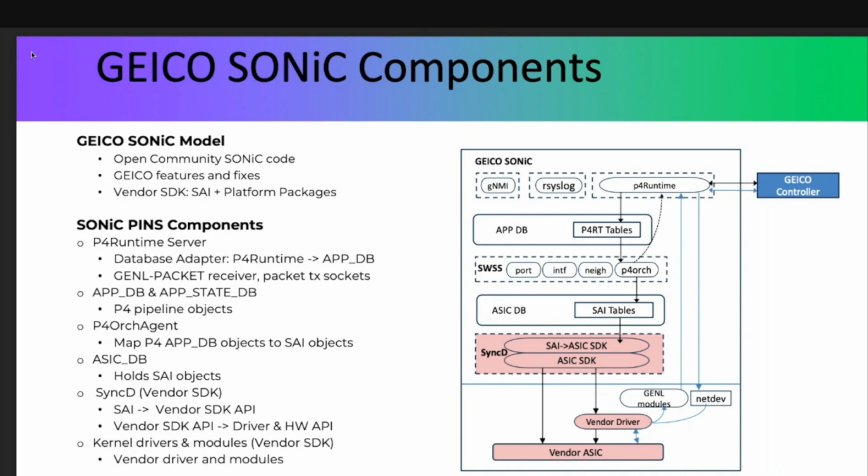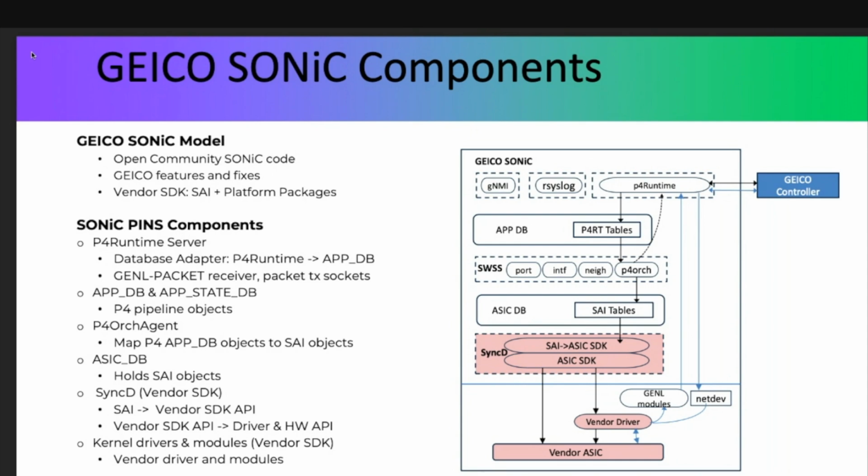The P4 orchagent, which is part of the Swiss layer in the middle, takes the P4 objects that are in the P4RT database in AppDB and maps them into SAI objects. This is one of the critical portions of PINS.